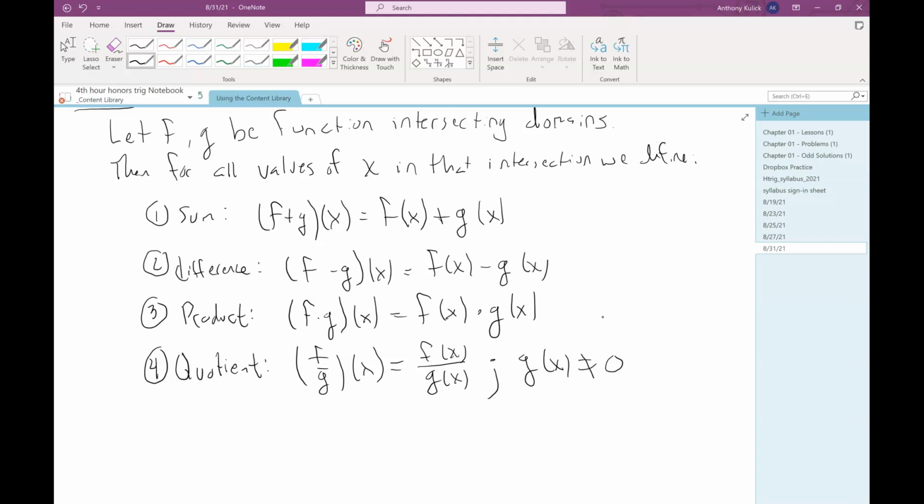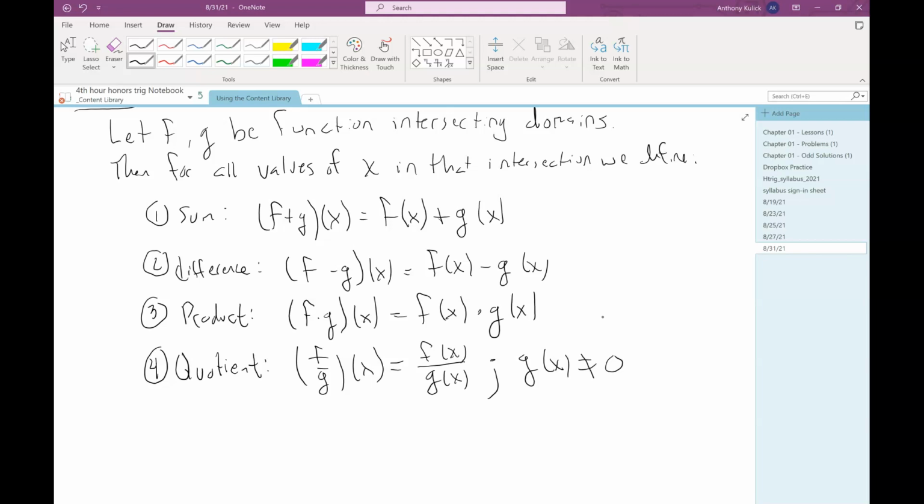All the intersecting domains is stipulating is that the problem is possible. You do have two things that you could add or subtract or multiply or divide. And the definitions that follow are what we would hope happens, right?